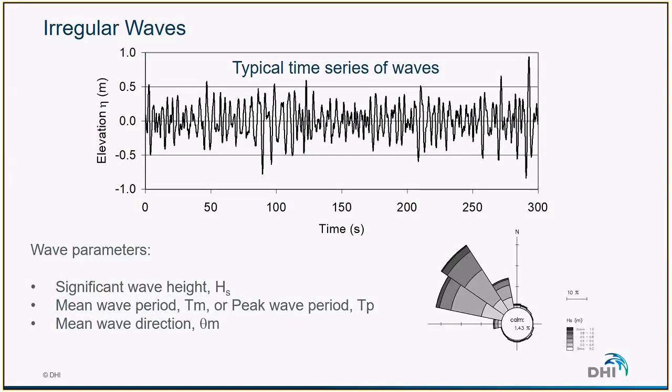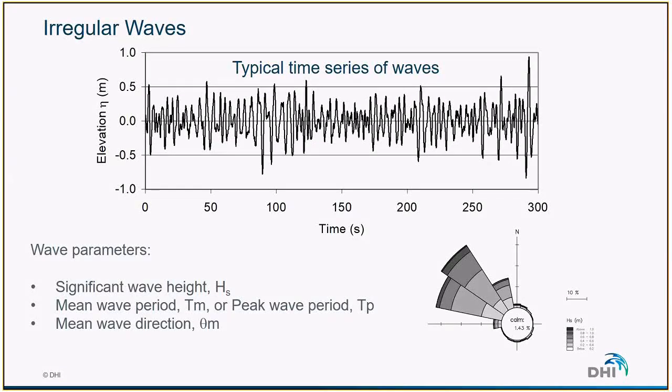So as we've seen, there are a lot of processes that can affect the waves. In order to be able to work with the waves, we would like to have a description of the waves that is easy to handle and easy to analyze, for instance statistically, in order to have a feeling of the wave conditions at a specific site.